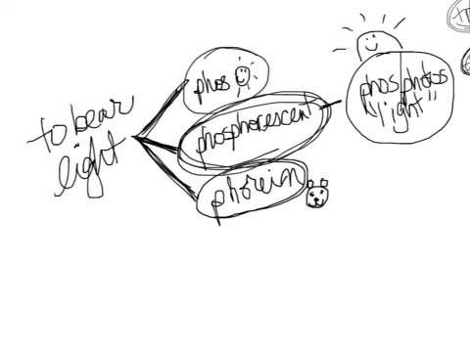To bear light. Okay, so if we want, I'd like to add without heat, because that's kind of a good qualifier. You know, it just bears light. But so that means the same thing as reflecting light, doesn't it? Yeah. Okay? So is this starting to make sense?